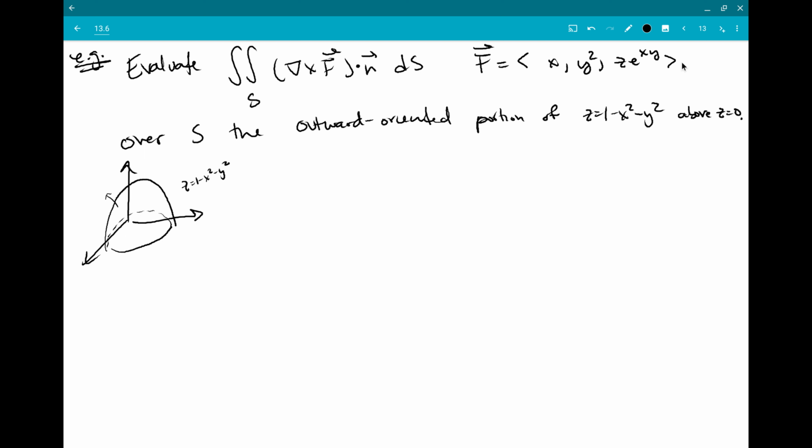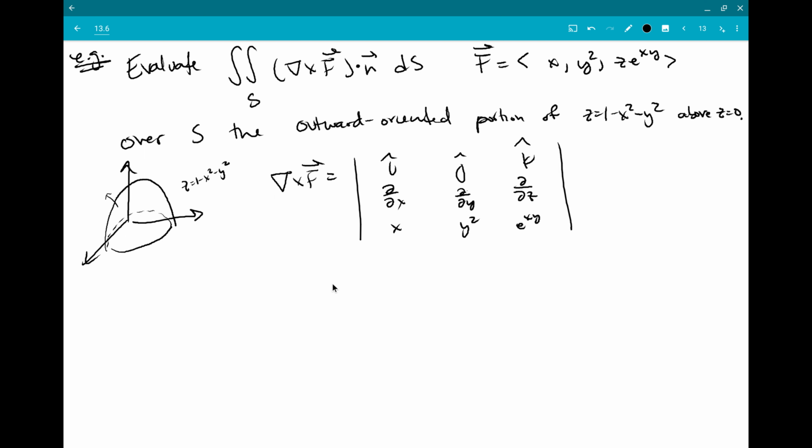You could go ahead and set this up manually. You could say, okay, here's my del cross f. Here's my i hat, j hat, k hat, d dx, d dy, d dz, and x, y squared, e to the xy. That gives me i hat times d dy of e to the xy, which is e to the xy times x, minus d dz of y squared, which gives me 0, plus j hat.